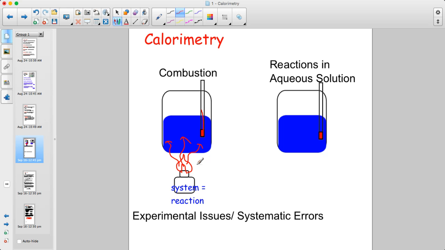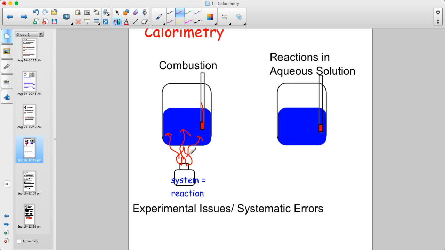Okay. Obviously, there are some issues with this system, and we'll get to those down below. Okay, so in this case, we've got the system here, and the water is our surroundings. And so if we can measure the energy change of the surroundings, we can measure how much was released by the system.